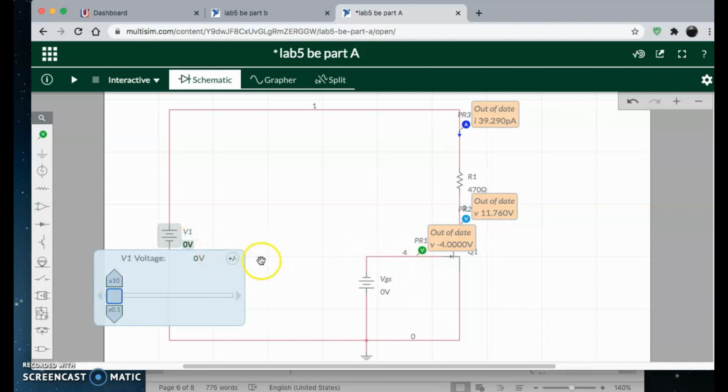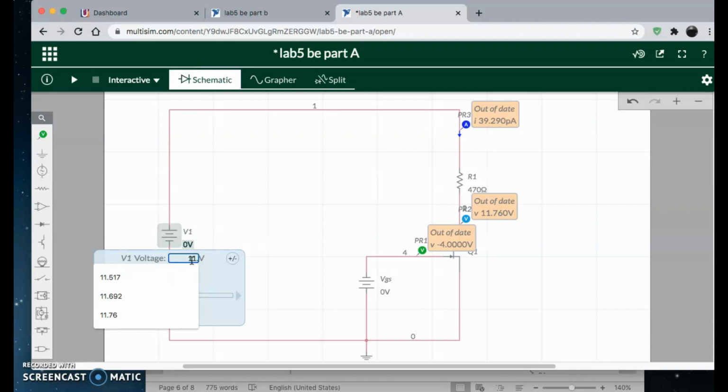We must find the value for ID. If VGS is 0, we must get this 8 voltage. So the current, we must get the 8 milliampere. So we find the value for the voltage.